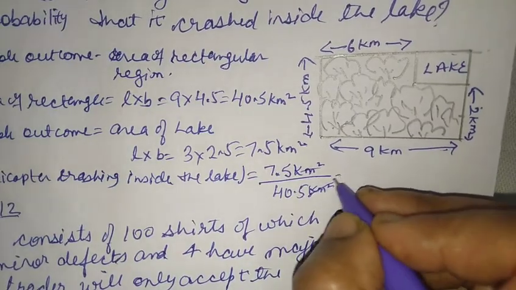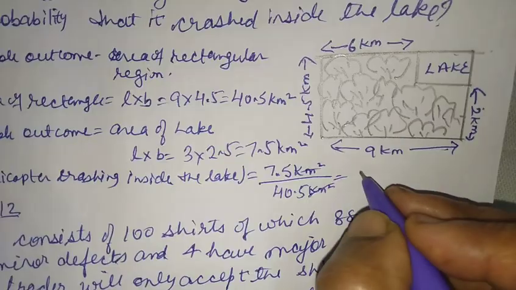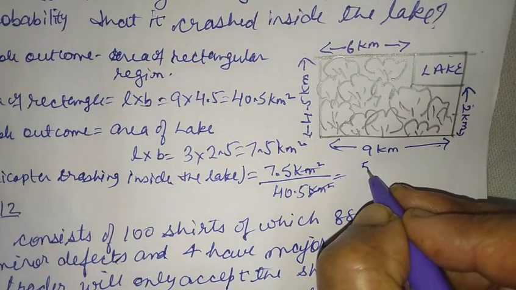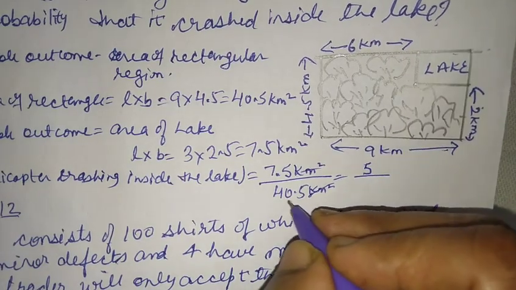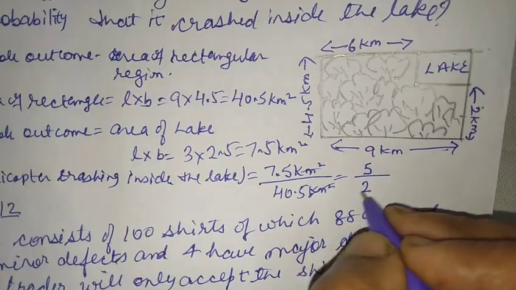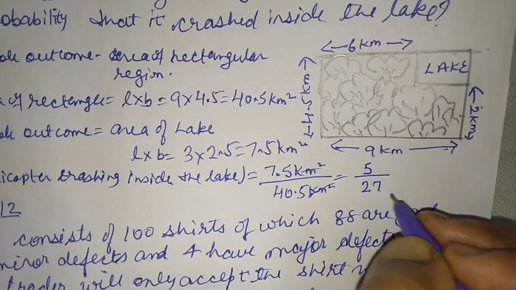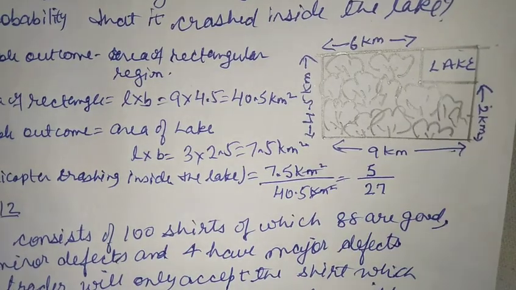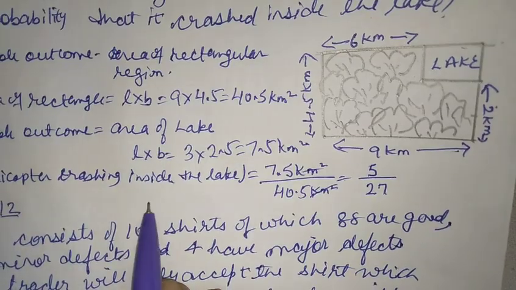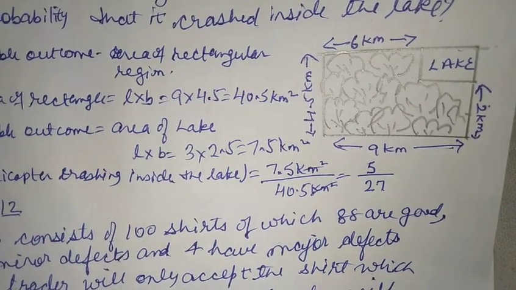This cancels out and it goes by 5, 7s are 75, 15 5s are 75, 15 2s are 30, and 15 7s are 105. So it will be 5 by 27. So the probability of the helicopter crashing inside the lake will be 5 by 27 here.